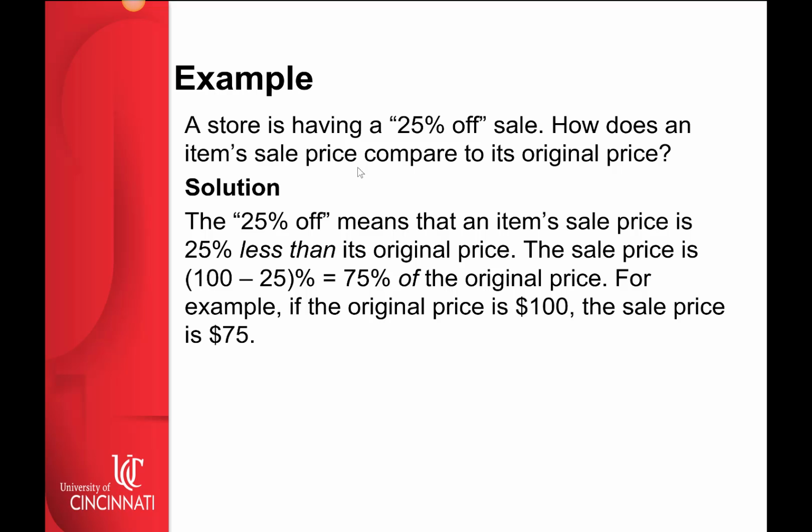Which means that we would do the 100% minus the 25% they are dropping the price. Which now gives you 75%. So if something originally sold for, let's say, $27.50, this is the original price, how would you get the sale price?